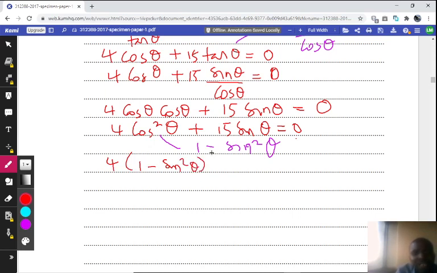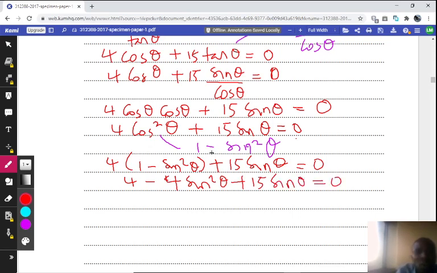Please remember to put brackets, otherwise you get a wrong answer. Then remove the brackets: 4 minus 4 sin squared theta plus 15 sin theta is equal to 0.